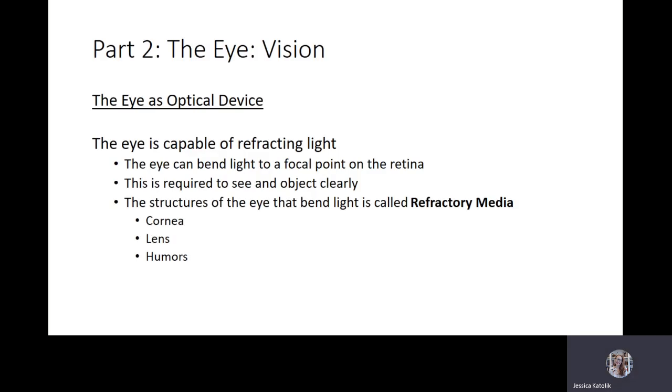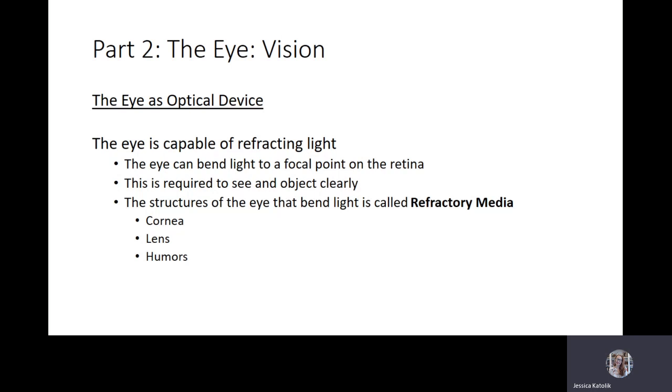So the eye is really amazing because it's capable of refracting light, meaning that it can bend light like a prism or like lenses of glasses. And it will bend light so it can hit a particular focal point on the retina. In this conversation and in your textbook, we're going to focus on single point images just to make it easier to learn the concept.